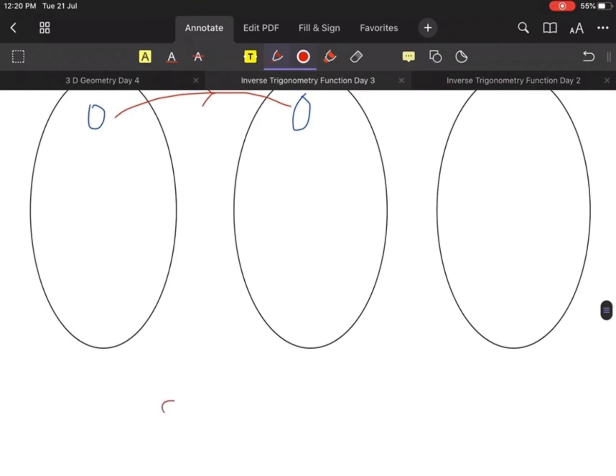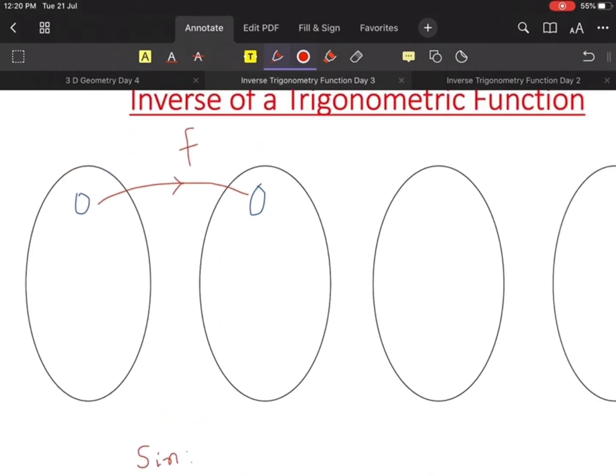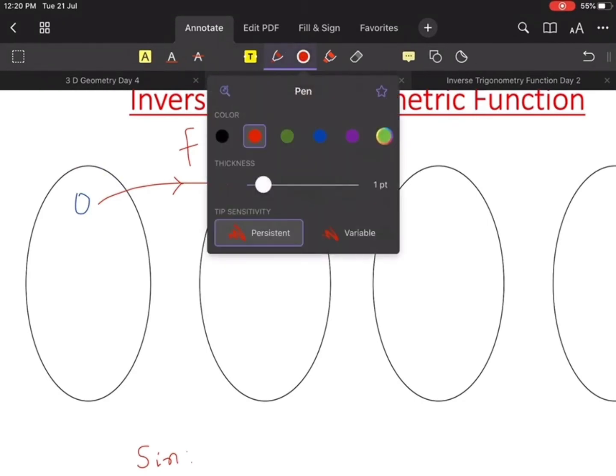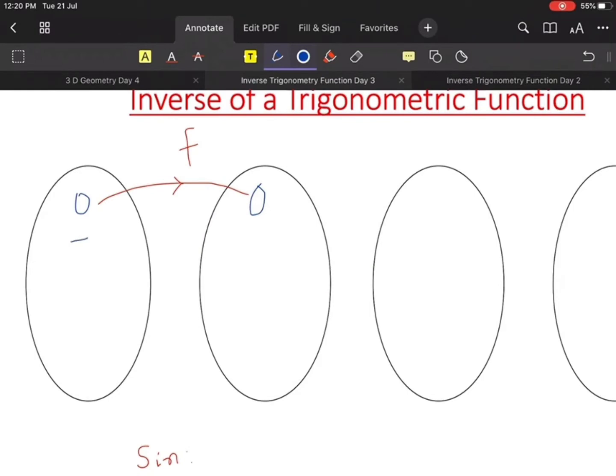Now look at 180 degrees. Sine 180 is also 0. Yes or no? Sine 180 is also 0.